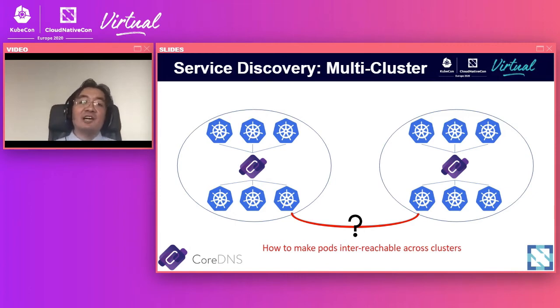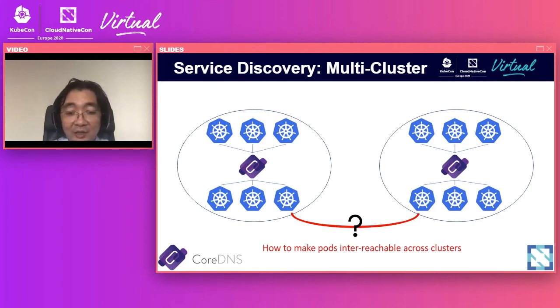We discussed CoreDNS, and we want to get into the interesting part of multi-cluster deployment for CoreDNS. I'm sure many of you already know how to deploy CoreDNS in a standalone Kubernetes cluster. But what if you have multiple clusters? What if you have clusters that are located in different places?